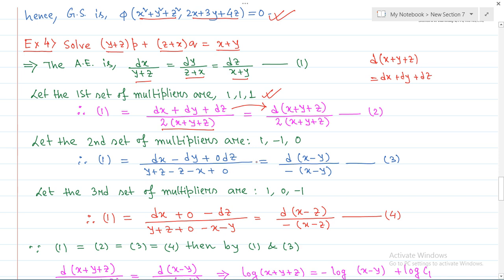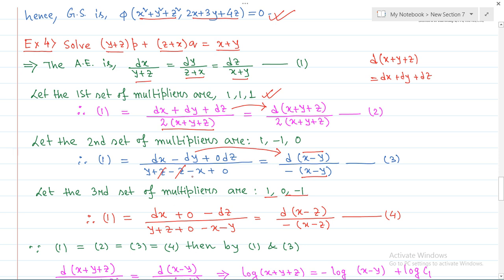You can see, dx minus dy can be easily written as a differential form, that is d of (x minus y), and in the denominator z cancelled out; taking the minus outside, it can be written as minus (x minus y), so we get d of (x minus y) upon (x minus y). Similarly, we are taking the third set of multipliers as 1, 0 and minus 1.